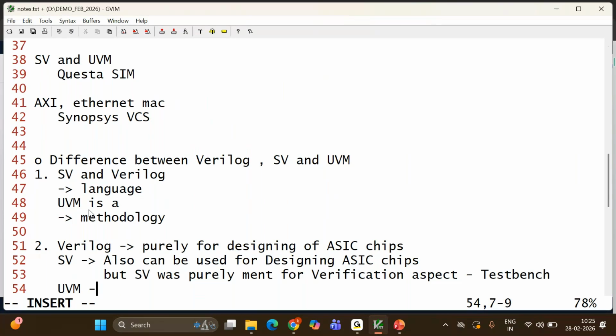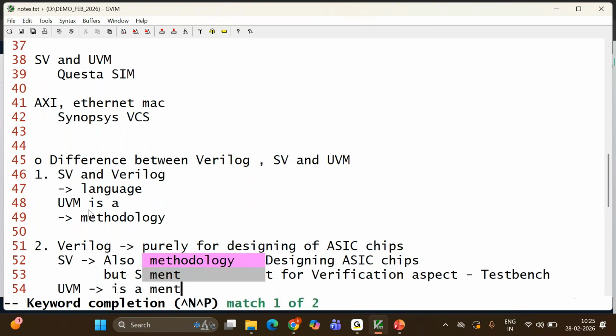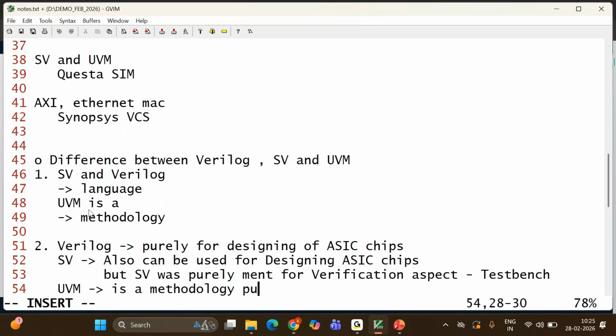UVM is a methodology. I told you, it is a methodology purely built, means UVM methodology is purely built using SV, SystemVerilog. Means whatever you see in UVM, it's all about SV code. So in SystemVerilog, if you are 100% thorough on the subject, UVM will be very easy to understand.